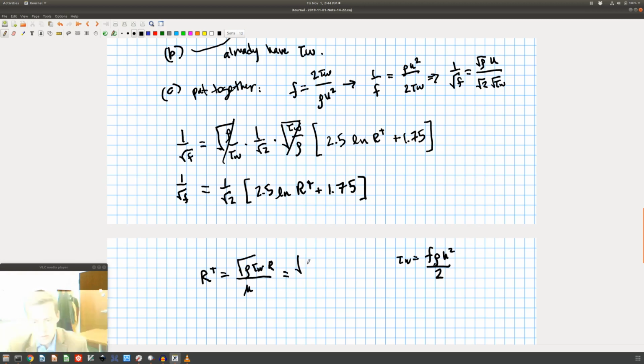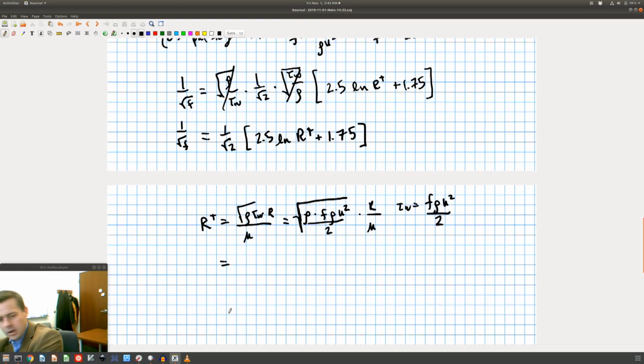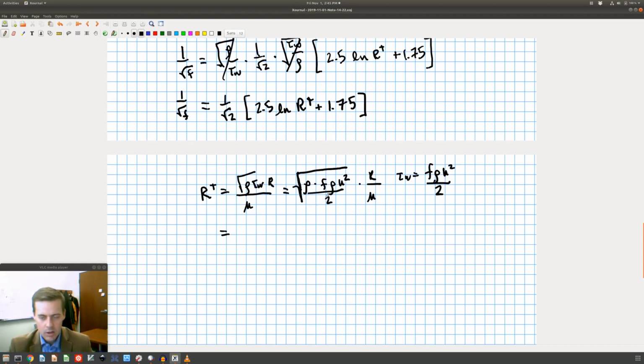I have the square root of rho multiplied by f rho U squared over 2, with that whole thing under the square root, and then outside of the square root, I have R divided by mu. So R plus becomes, well, I have a rho squared and a U squared, so that comes out: rho U R over mu, and then inside the square root, I have f over 2.